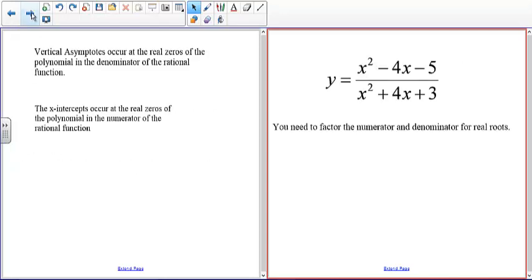And to be able to find these asymptotes and intercepts, we need to be able to factor the polynomials that define the numerator and the denominator.